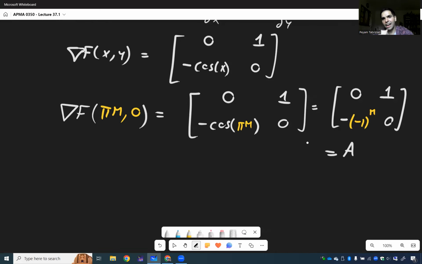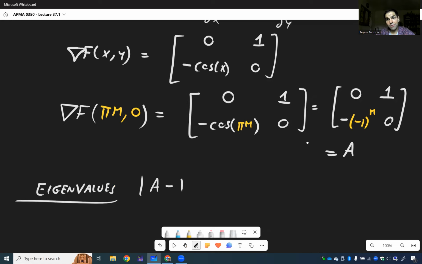And now let's find the eigenvalues of this. So the determinant of A minus lambda I. That's the determinant of minus lambda, 1, minus minus 1 to the m, and minus 1. There's a reason why I leave it like that.